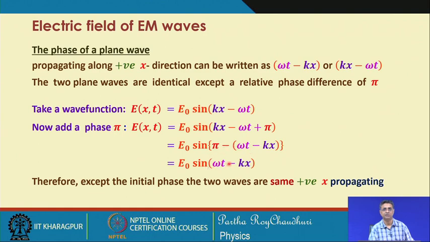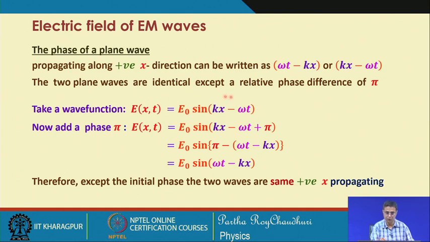Therefore, this will give you E 0 sin omega t minus k x. You can see that we started with k x minus omega t, but we get omega t minus k x. So, that means they are the same, but there is an initial phase, a constant phase pi, which we have added. Except for the initial phase, the two waves are the same and propagating in the positive x direction.